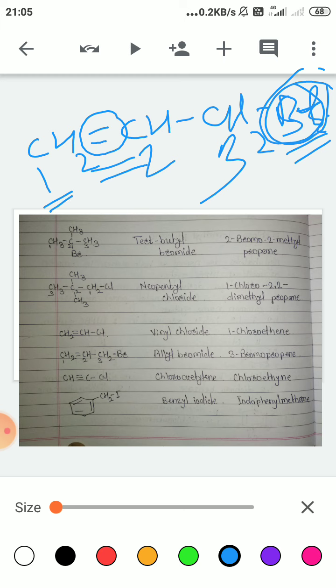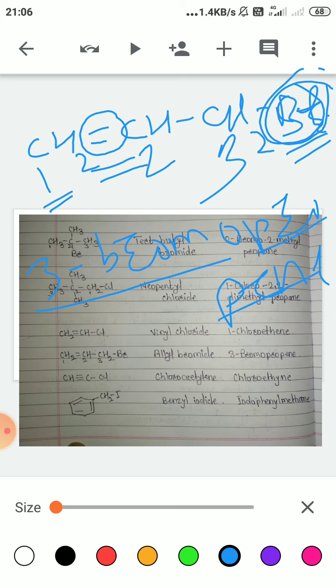Therefore the name of the compound is 3-bromopropene, as it contains a carbon-carbon double bond, or alkene.